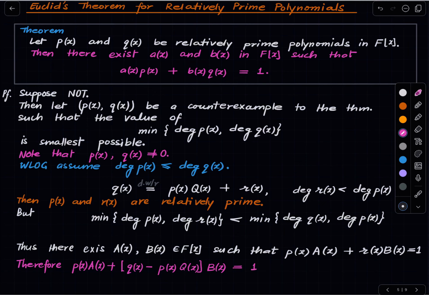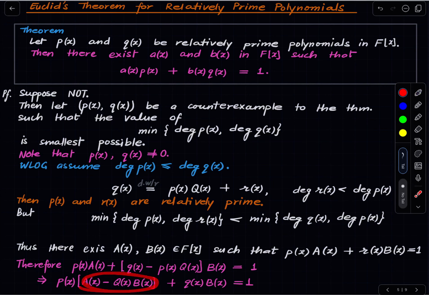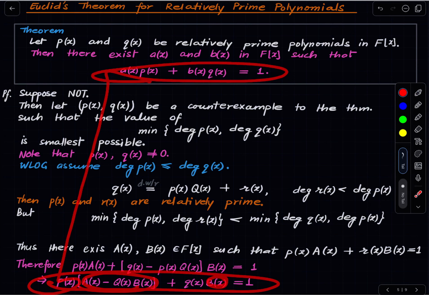And now if you just rearrange things, you will find that this implies p(x) times this thing plus this is equal to 1. And just call this little a(x), call that little b(x), and you see that this equation is true.